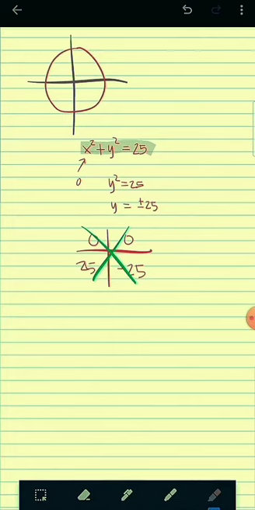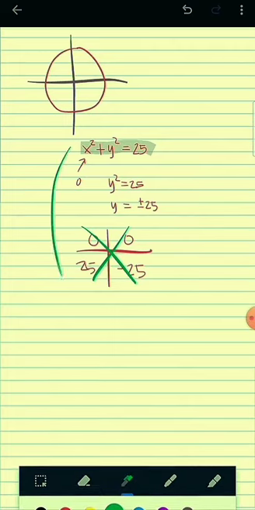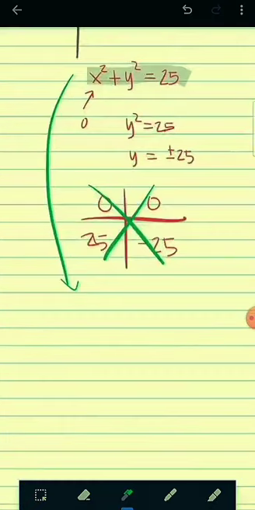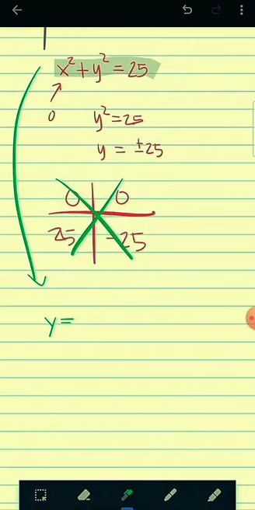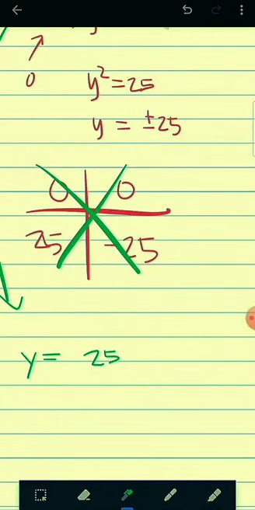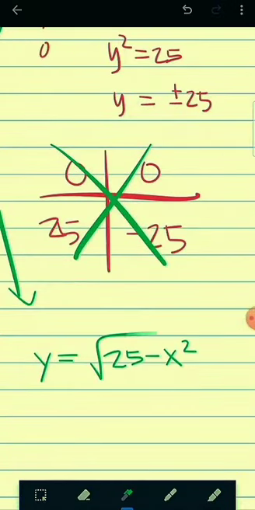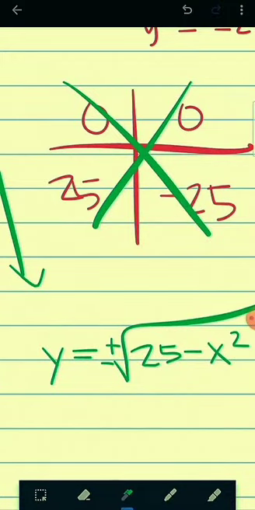This whole thing cannot be a function. But how are we going to make it a function? So to make this equation a function, all we have to do is isolate y. So by means of isolating y, it will become y equals plus or minus the square root of 25 minus x squared, so it has two values.